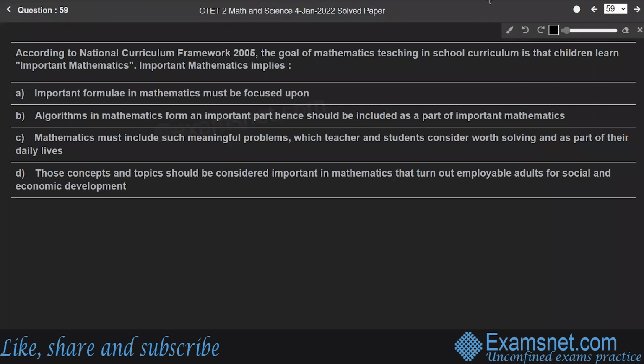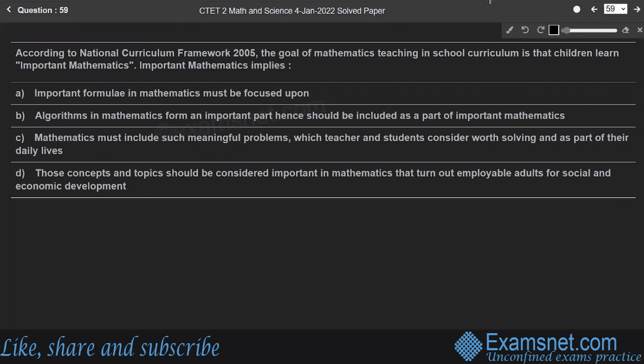Question number 59. According to National Curriculum Framework 2005, the goal of mathematics teaching in school curriculum is that children learn important mathematics. Here, important mathematics implies important formulae in mathematics must be focused upon. Algorithms in mathematics form an important part, hence should be included as a part of important mathematics.